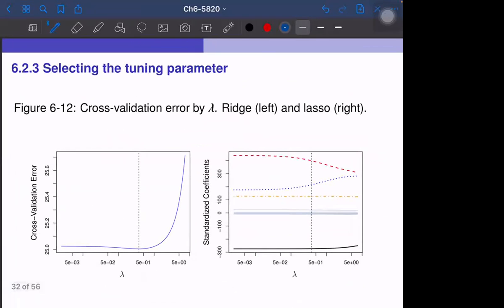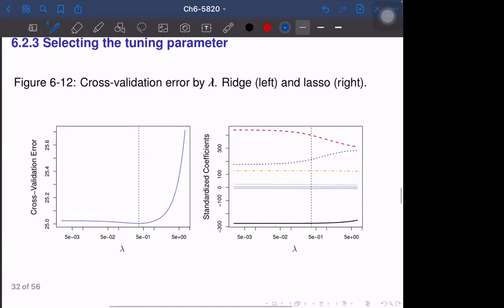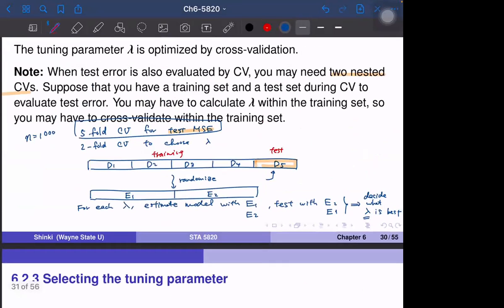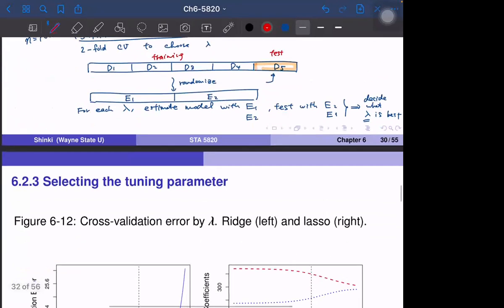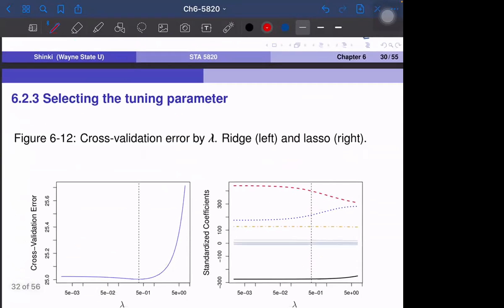And this is the cross-validated error. I don't know how exactly all people follow this procedure. In this figure 6.12, basically we ignore this part and focus on determining lambda, so we only evaluate the optimal lambda.